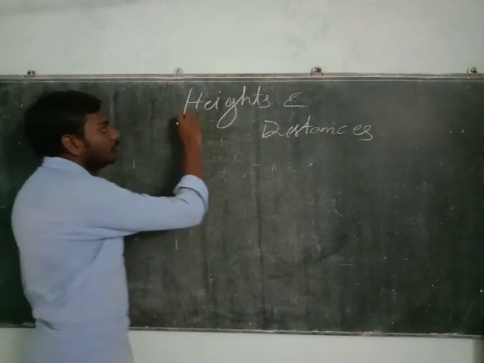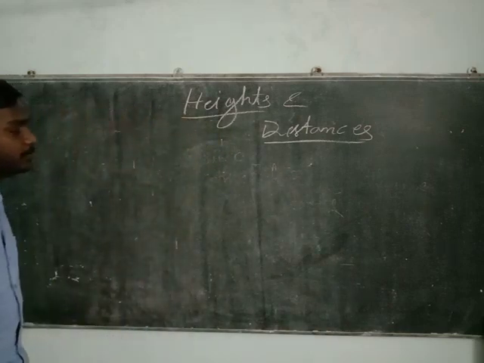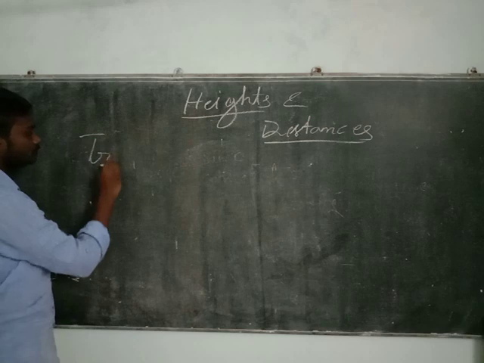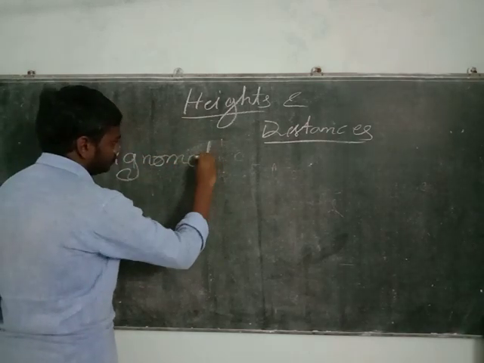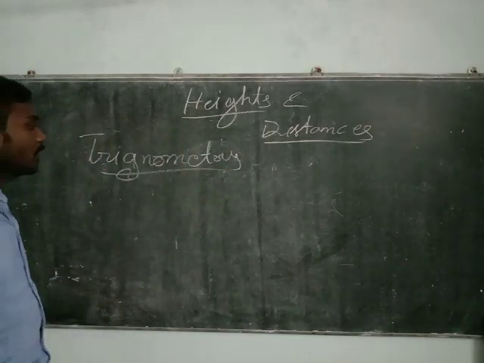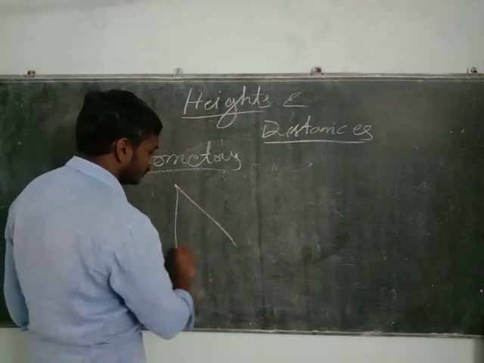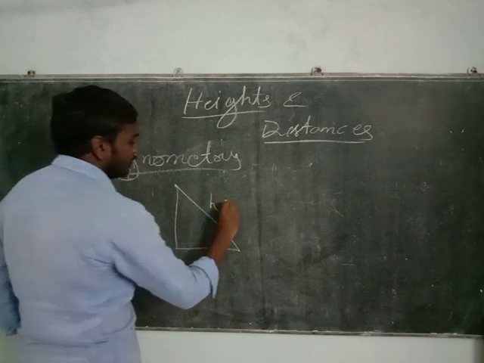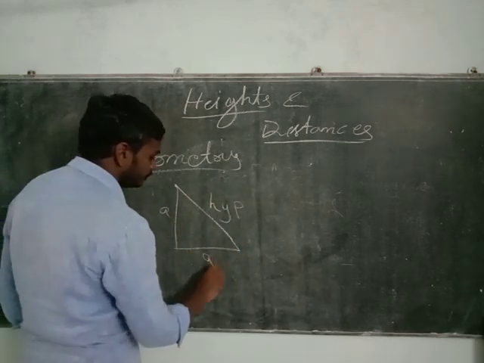Now, when we are going to learn about heights and distances, we have to remember some basic formulas of trigonometry, like the trigonometric values and the basic right angle triangular formula, hypotenuse square is equal to side square plus side square.